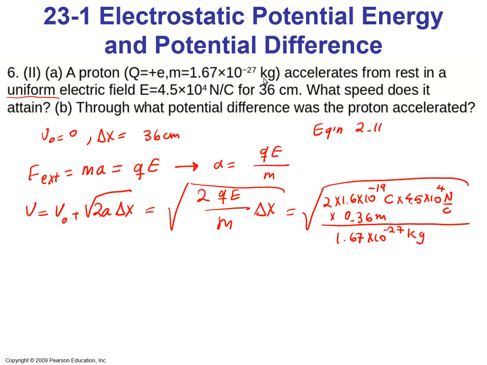As we simplify things, the final velocity of the proton will be 1.762 times 10 to the power 6 meter per second, which is almost 1.8 times 10 to the power 6 meter per second.